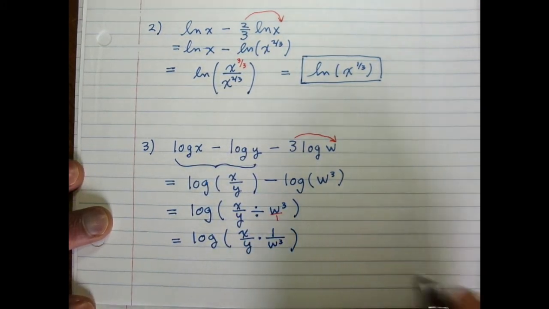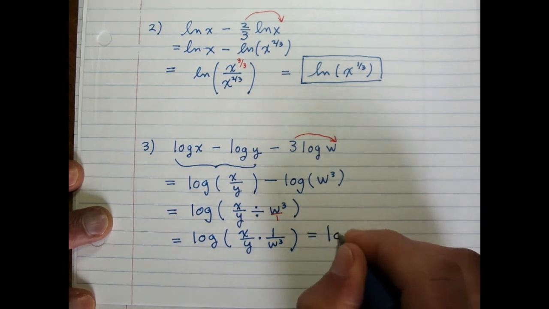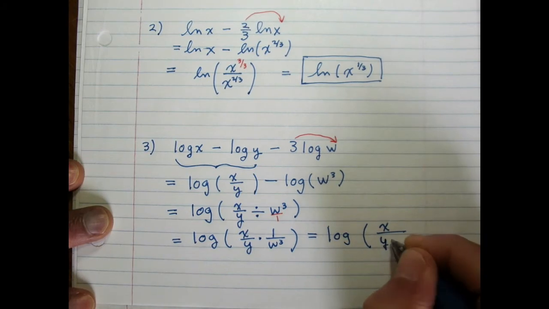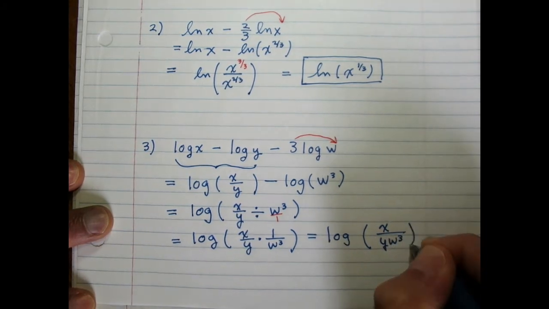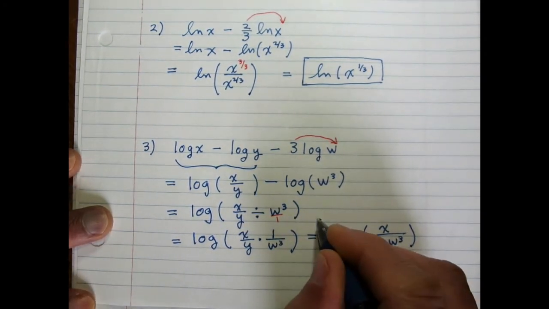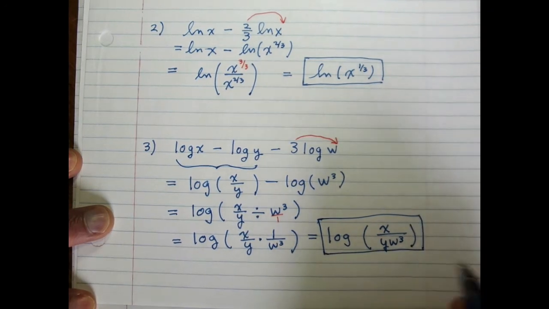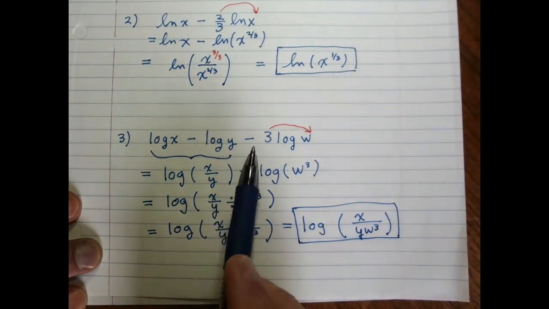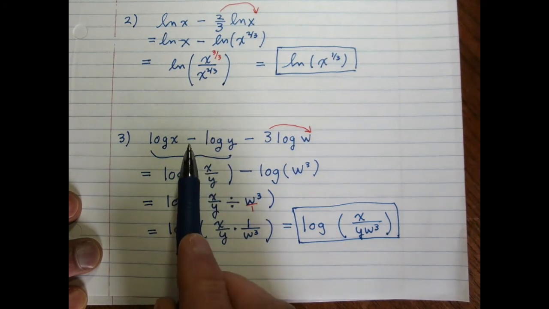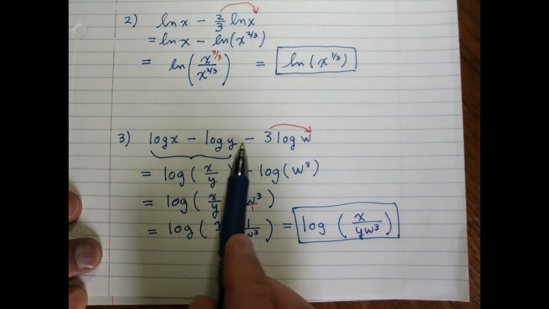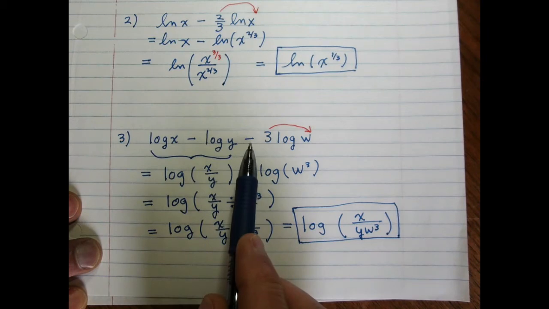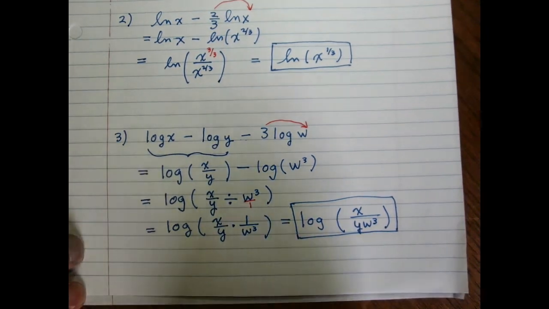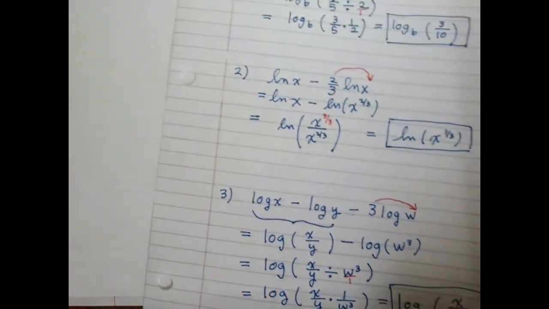That w cubed will end up in the denominator, and I get log of x over y w cubed. And there's my single log from that one. Working backwards through this process again, note that it's kind of like the negative terms give me factors for the denominator. Positive terms will give me factors for the numerator.